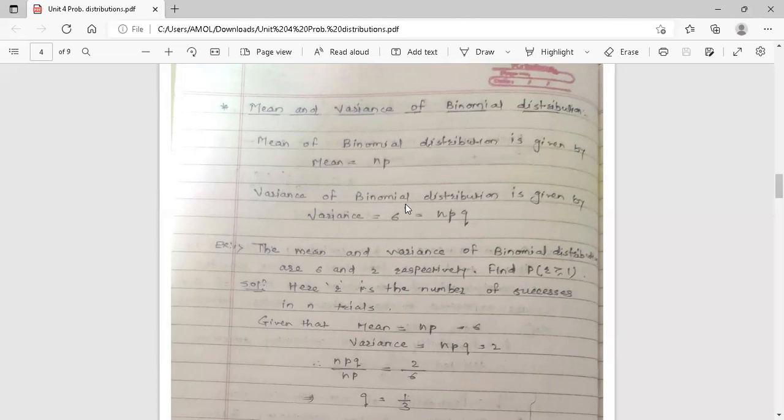Now variance of binomial distribution is given by sigma square, because for standard deviation we use the notation sigma and for variance it is sigma square. It is equal to n into p into q. You know what is n, what is p, what is q.